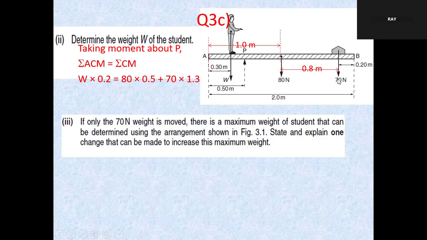And this one is 70. From that distance is 0.5, plus 0.8 is 1.3. That distance is 1 to the end there, 1 minus 0.2 is 0.8.